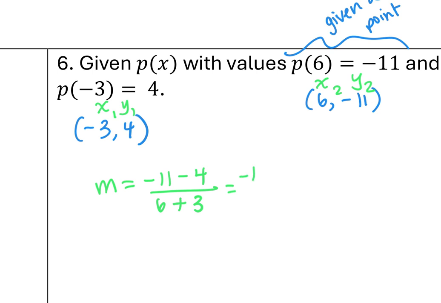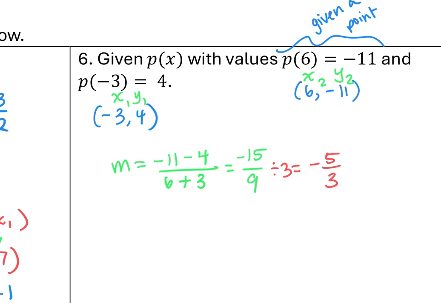So negative 15 over 9, but negative 15 and 9 are both divisible by what? 3, so we're going to simplify this down to negative 5/3. Maybe I won't put a circle around it because that's not our final answer, but that is our m.